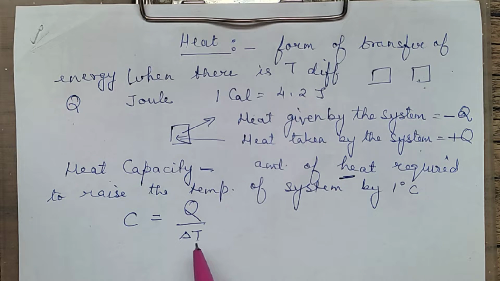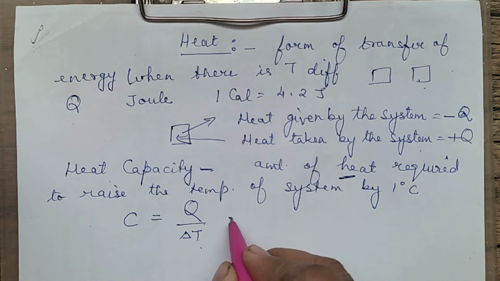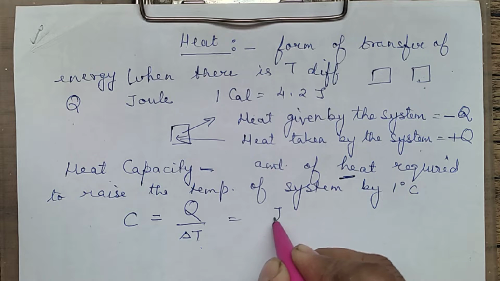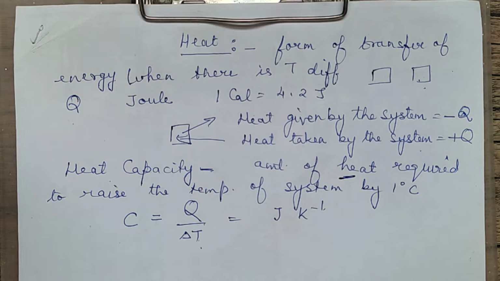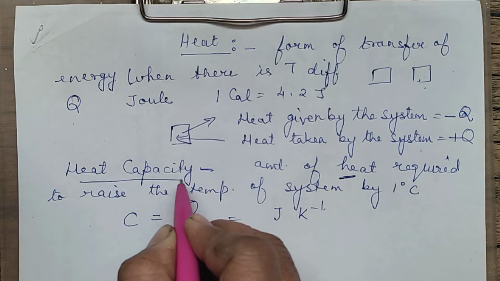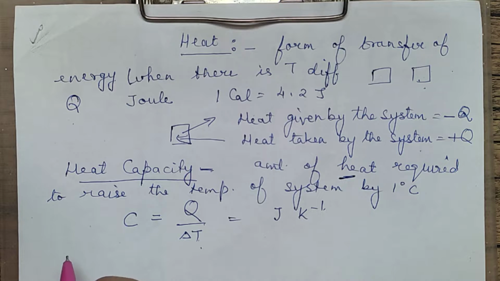So whatever is the temperature difference, say from T1 temperature it has gone to T2, so T2 minus T1, that will be delta T. And Q is the amount of the heat required. Right. So the unit of this heat capacity will be joule per Kelvin. That is the unit of heat capacity. So this is the second term we have done. We have done heat, another we have done is heat capacity.